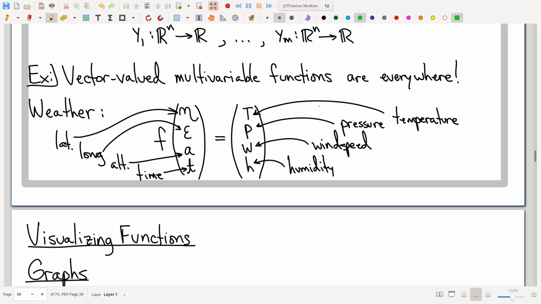So I like to point out that the most trivial of water cooler conversations, talking about the weather, you are talking about a vector valued multivariable function, because the weather depends on where you are: longitude and latitude. Don't forget altitude. You may or may not be at sea level. You may or may not be at the surface of the earth. It might be up in the air. Who knows?